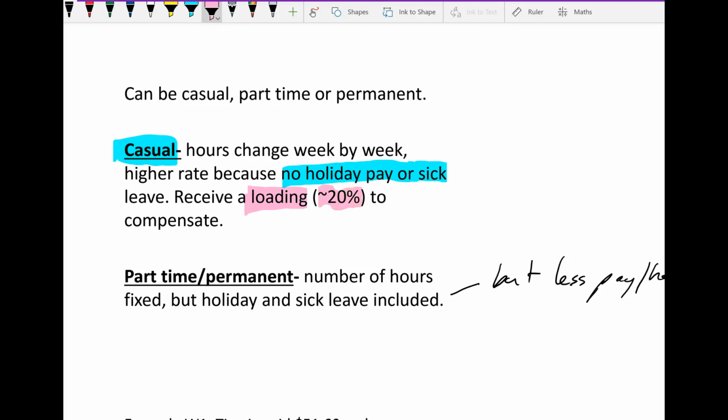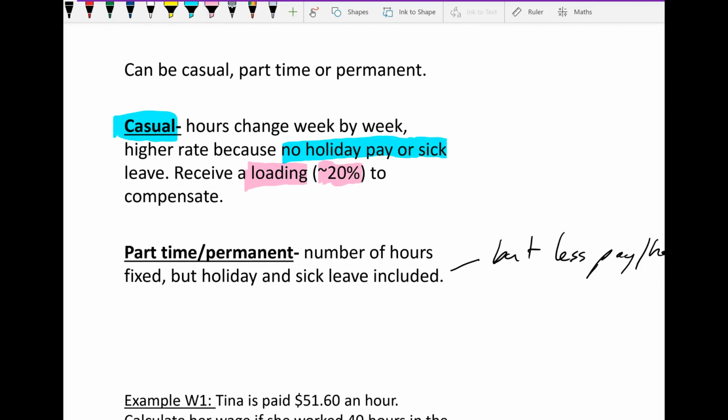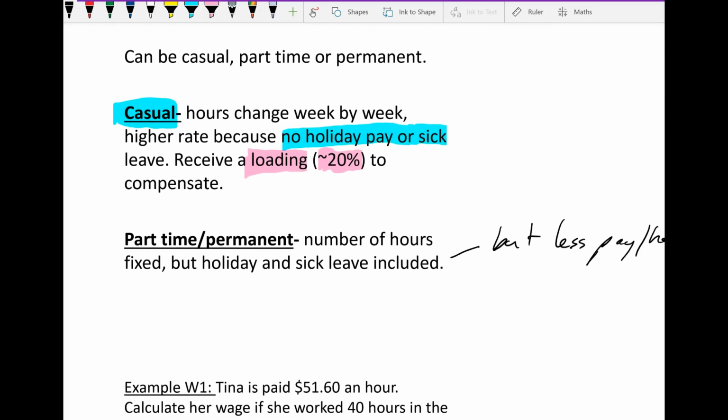Sometimes it's around 20%. Okay, now if you are in a job for a while, they might offer you something that's called part-time or permanent. Okay, and so that means that you sign a contract to say, I'm going to do 10 hours a week, and that's every week. My number of hours is fixed.